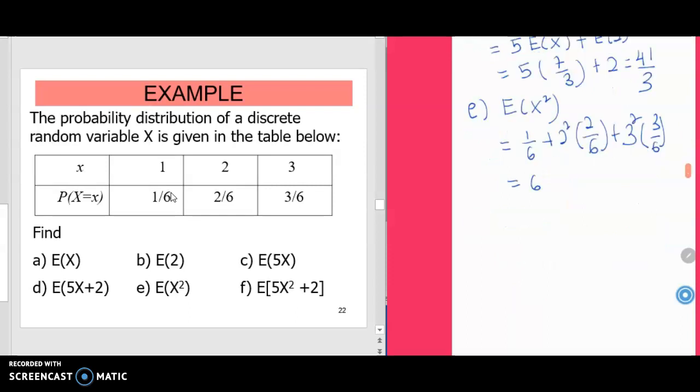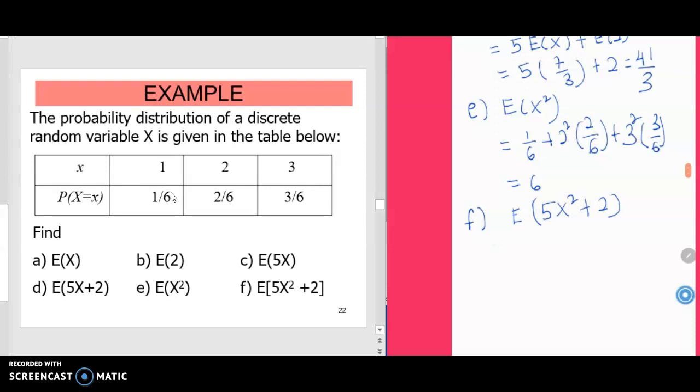Then next, F, expectation of 5x squared plus 2. Oh, sorry. Teacher pun dah pening.